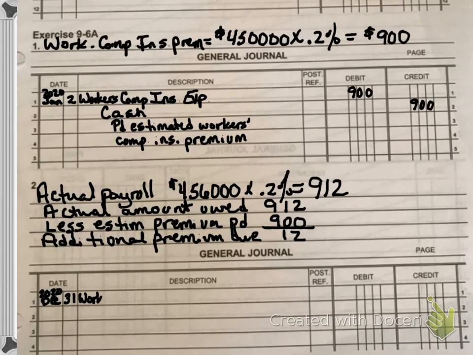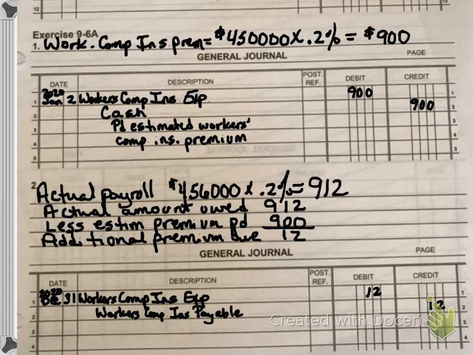So our debit is going to be to workers' compensation insurance expense. So we had $900 that went to that account at the beginning of the year, now $12 more at the end of the year. Our credit is going to be to workers' compensation insurance payable. It's a liability account because we owe them an additional $12.